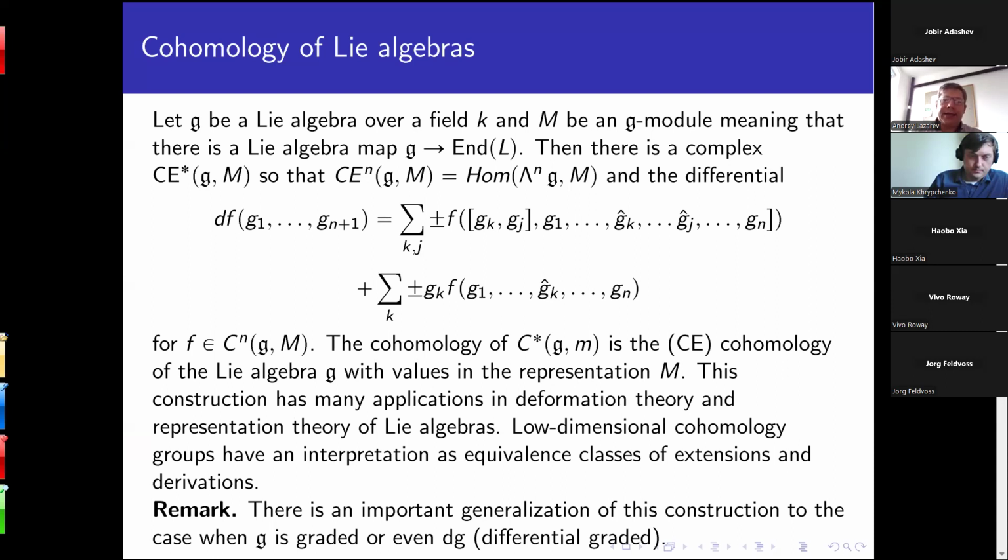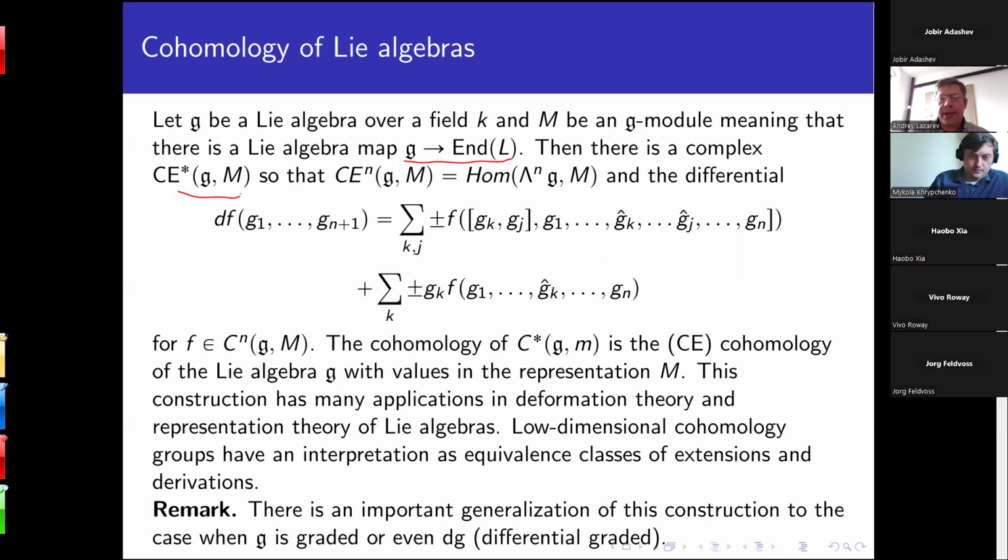And let M be a G module, which means by definition that there is a Lie algebra map from G into the endomorphisms of M. Using this map, G acts on M. Okay, so there is a Chevalley and Eilenberg complex, which I will denote as CE of G, M, which is defined as follows.